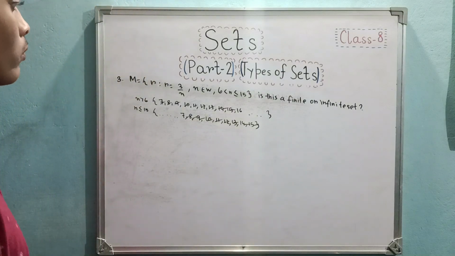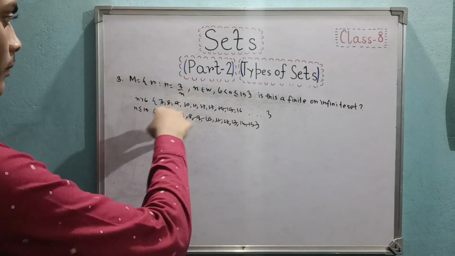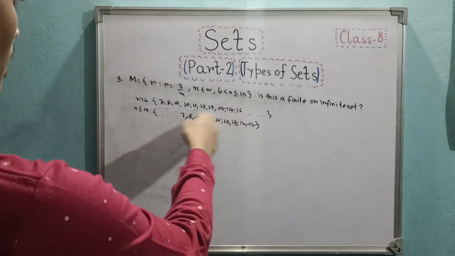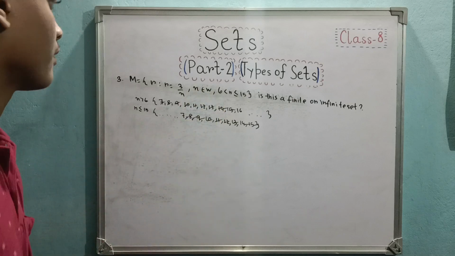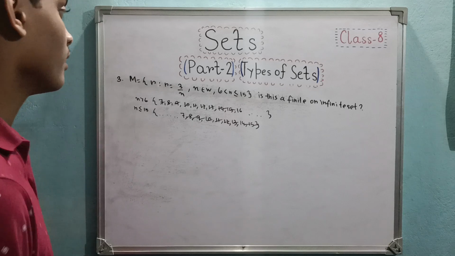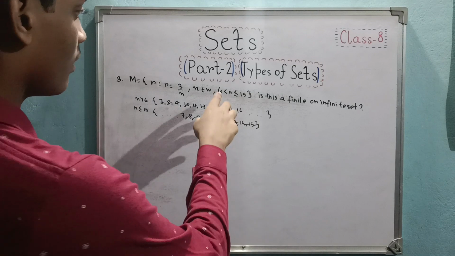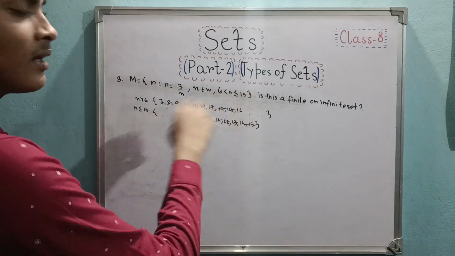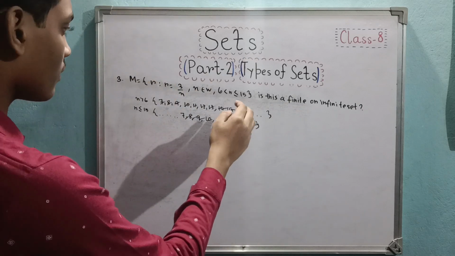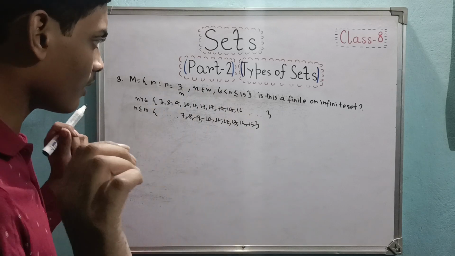Now you could put in the values one after the other: 3 divided by 7, 3 divided by 8, 3 divided by 9. N is a whole number, and these all are whole numbers. But to directly see if it is a finite or infinite set, I am telling you one thing. See, this N is enclosed within a range. If it was N greater than 6, it would mean beyond 6, unlimited. But N is greater than 6 and less than or equal to 15, that means it's in a range.